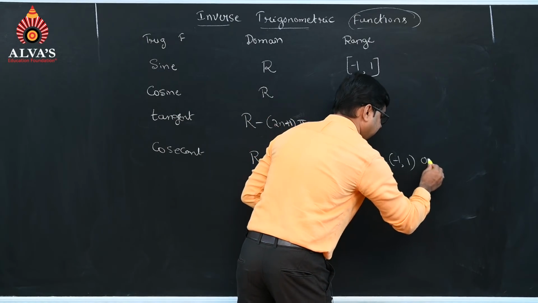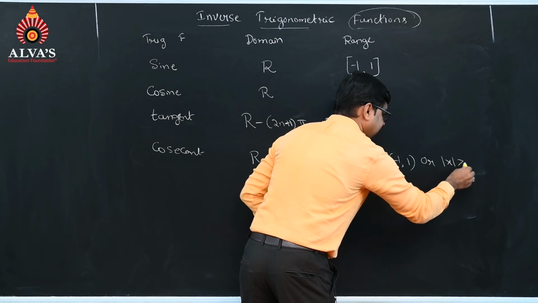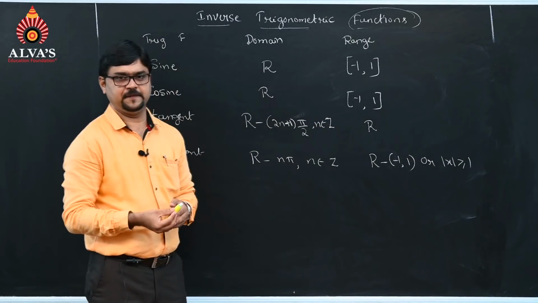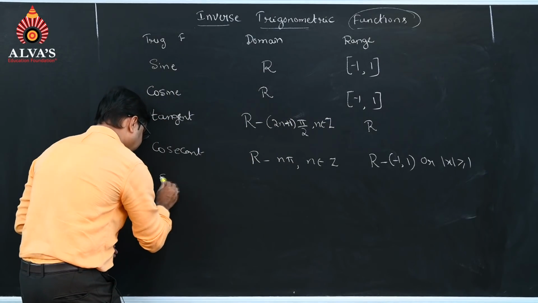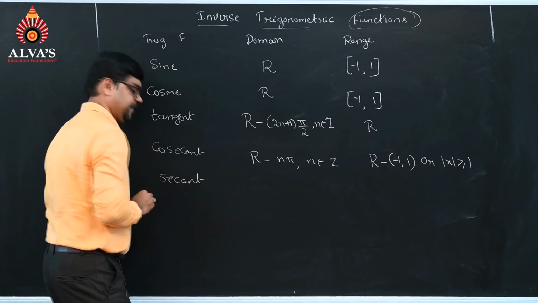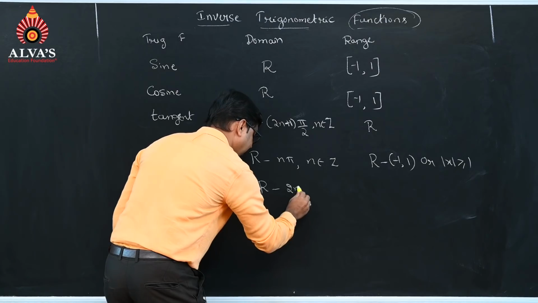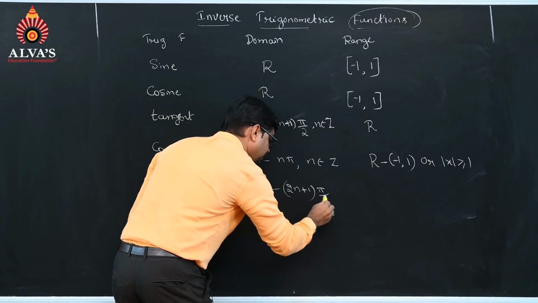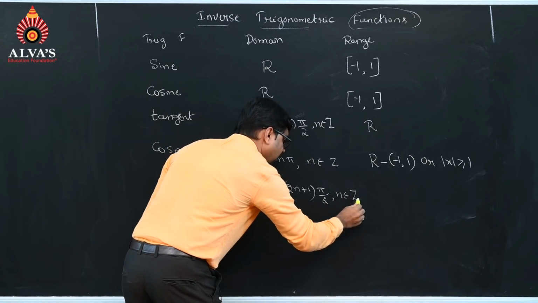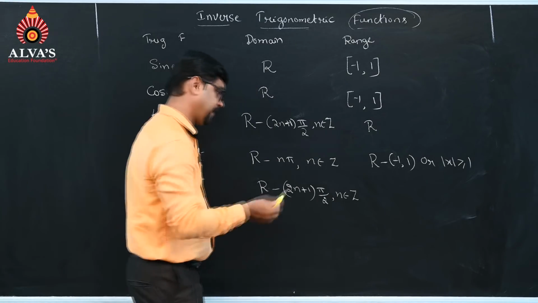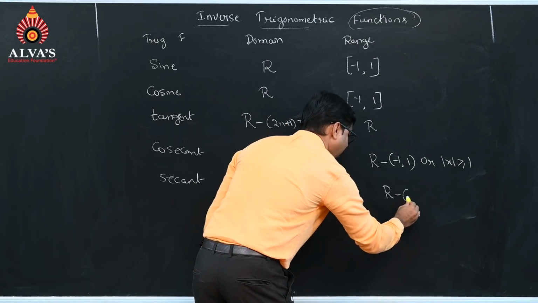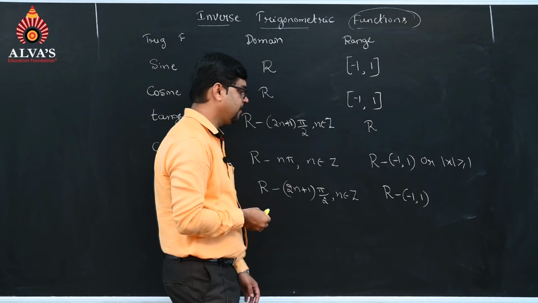This can also be denoted by mod x greater than or equal to 1. Next one, secant function. Its domain is R minus (2n+1) pi/2, where n belongs to the set of all integers. And here again the range is the same, R minus (-1, 1).